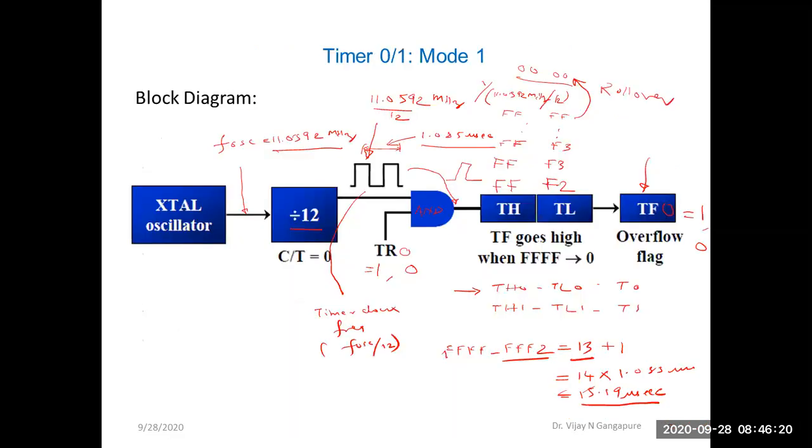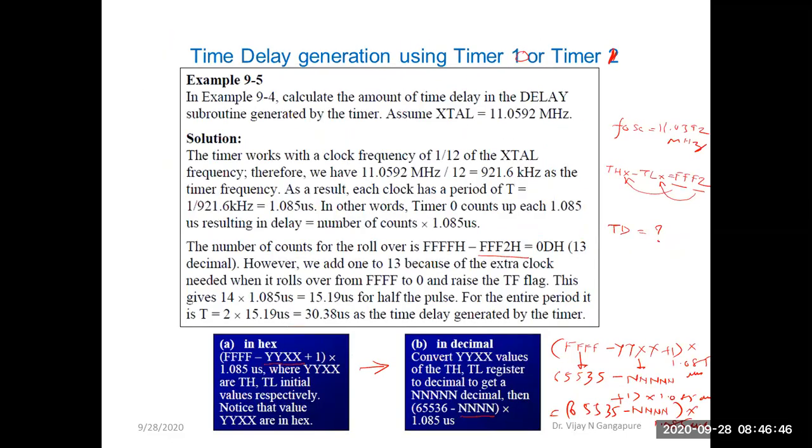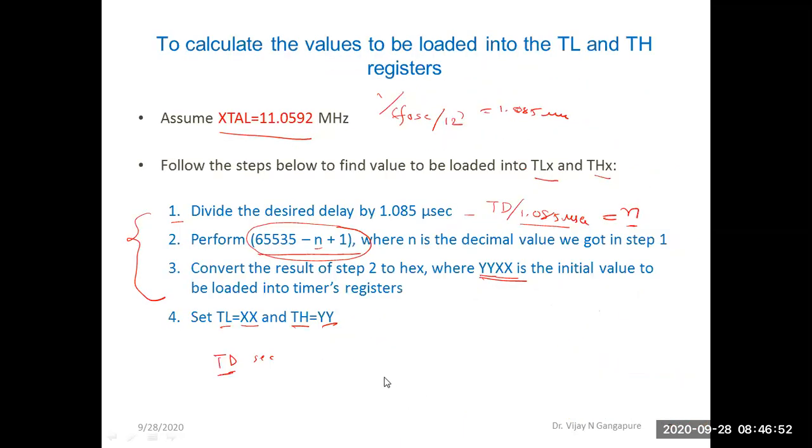Then we saw the block diagram of timer 0 or timer 1 in mode 1, and we discussed the operation: what exactly happens when the initial count is loaded and the timer is started, and how whenever rollover of the count happens, the TF flag bit will get set. We derived the formula to calculate the time delay in both hex and decimal. Then by reversing that formula, we can calculate the initial count value to be loaded into the TL and TH registers for a desired time delay.